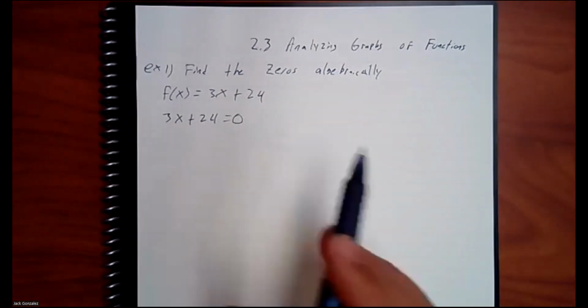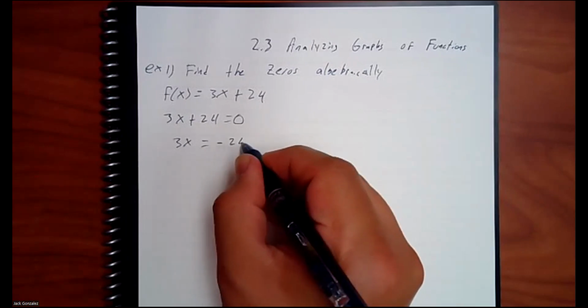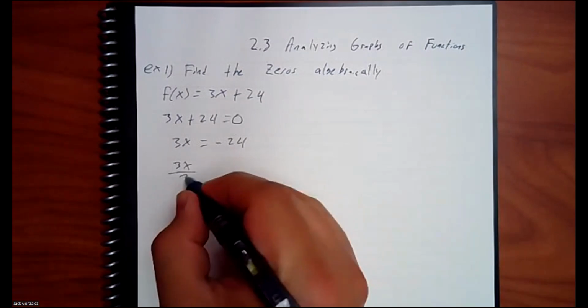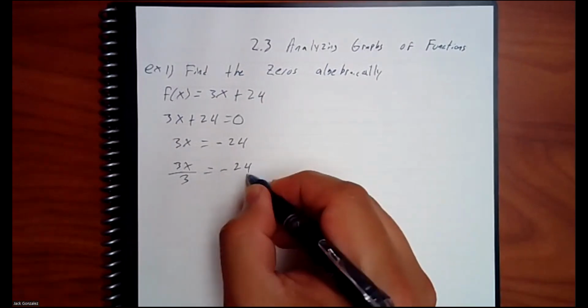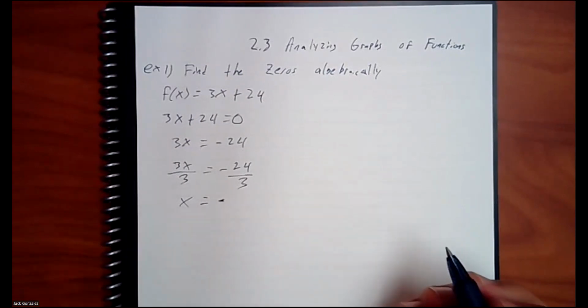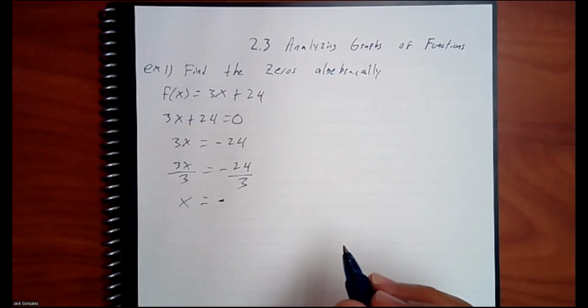So subtract 24 over, or move it over, and whenever you cross the equals, you just switch the sign. Divide both sides by 3, and we have x equal to negative, what is that? Does it go in evenly? 8, I guess.